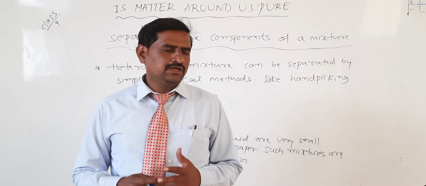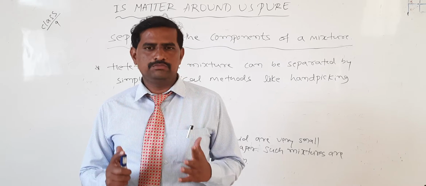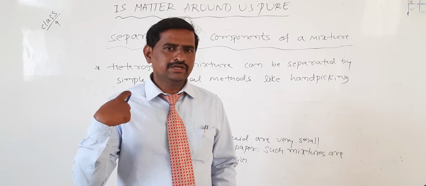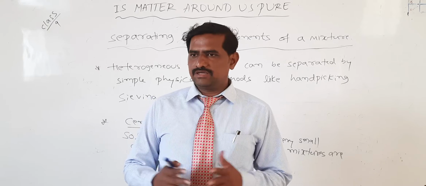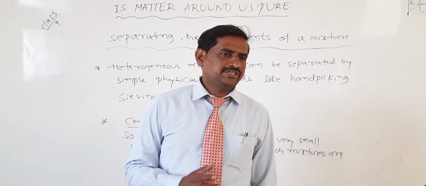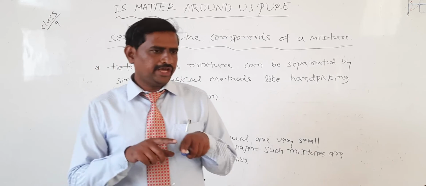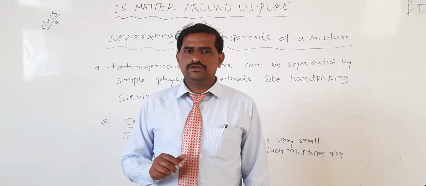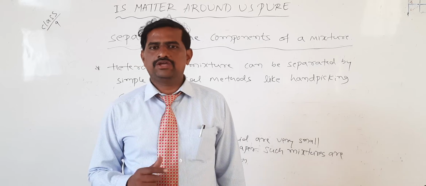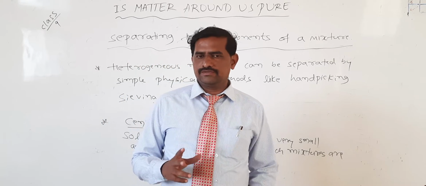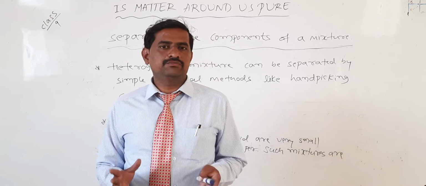The particles are suspended and very minute, very small, and we can't see them with naked eyes. But how can we separate them? You already know the pasteurization process; on milk packets, they have written toned milk, pasteurized milk. So what does toned mean? Here, how can we remove the cream from the milk?